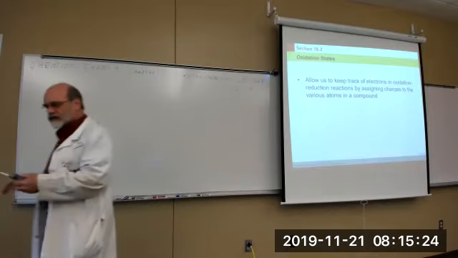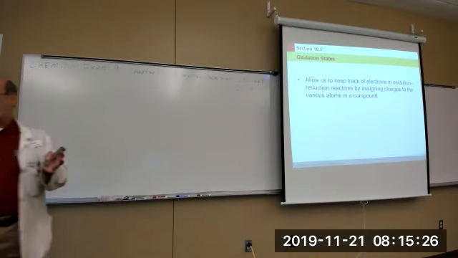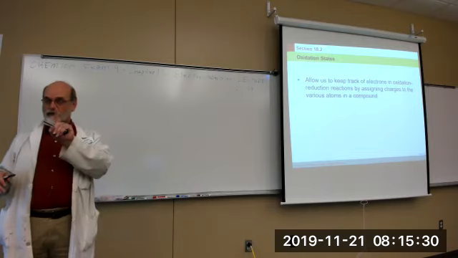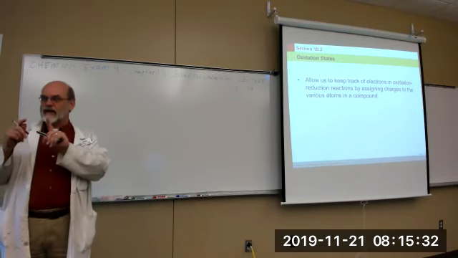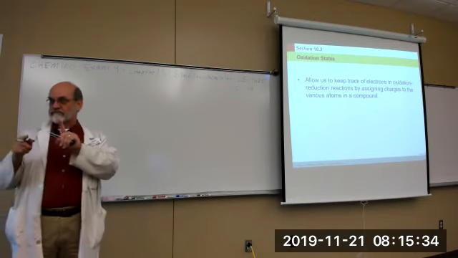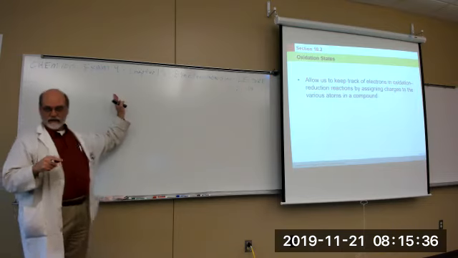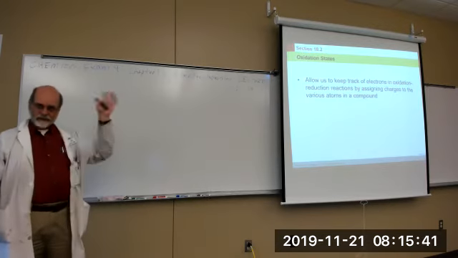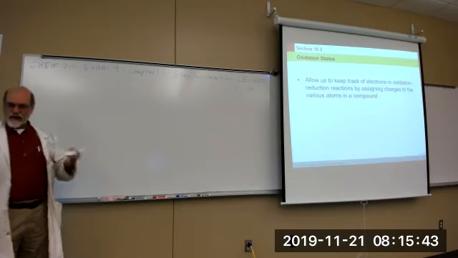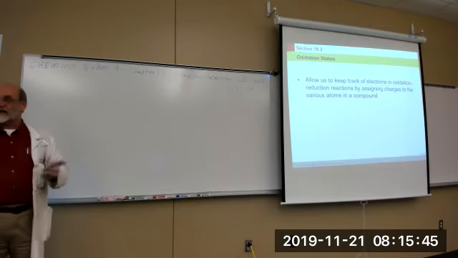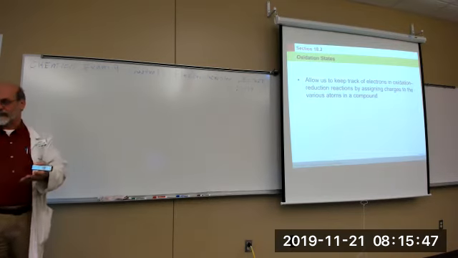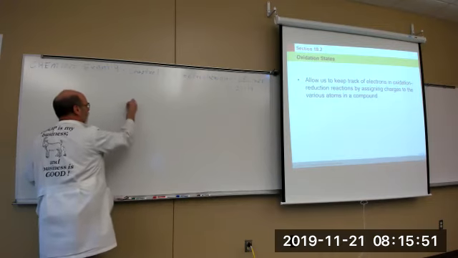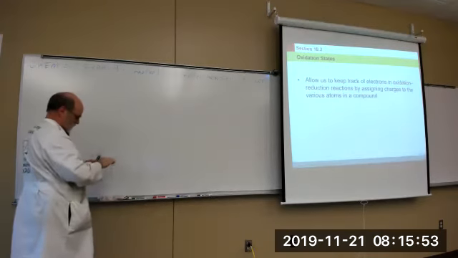Now, oxidation states for an ion, easy. A single element, atom with a charge, its oxidation state is the charge. So Sn 2 plus, its oxidation state is 2 plus. Right? That's easy. But some elements have an oxidation state and it's not explicit. Such as, well, if you have the compound NaCl.